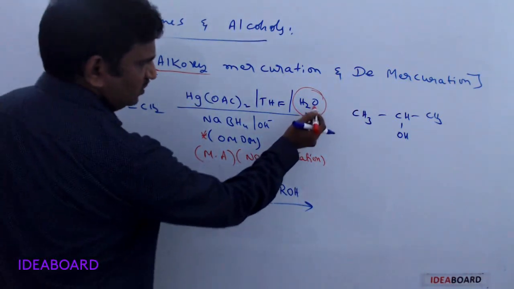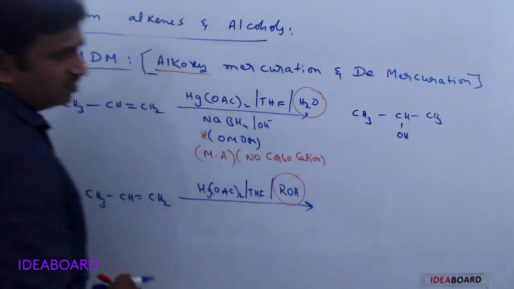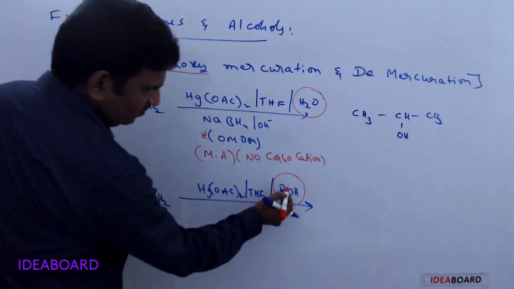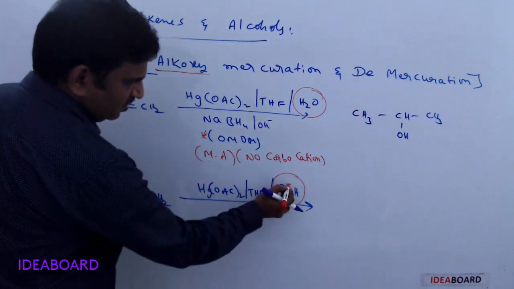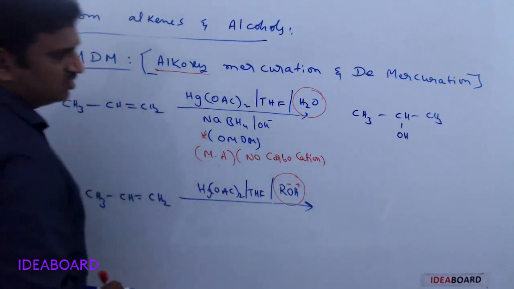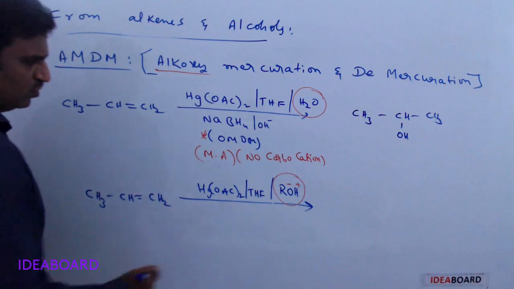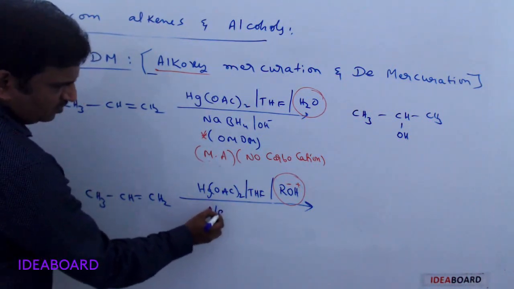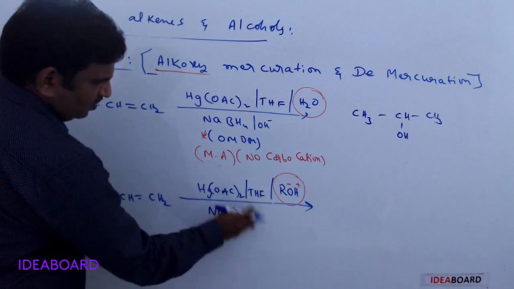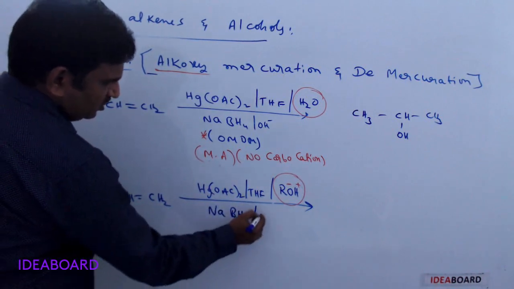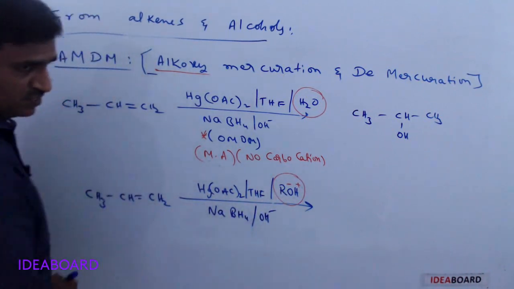So here H2O is taken, here alcohol is taken. In the alcohol, what is the negative part? RO minus, and the positive part is H plus. And demercuration is the same, NaBH4, and further OH minus in the presence of a strong base.